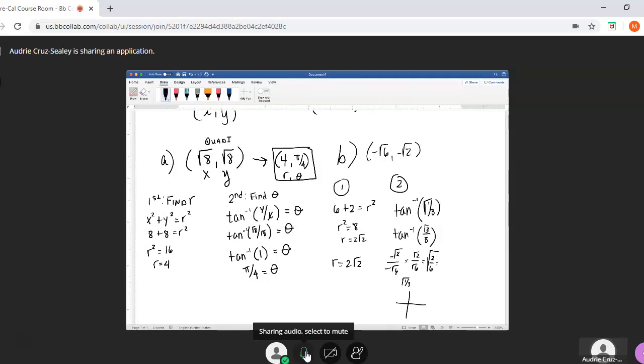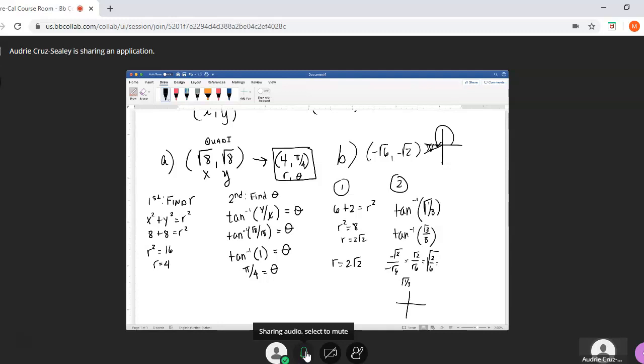We're in the third quadrant. So if you're in the third quadrant and this is pi over 6, then what is theta? No, that's not how far I traveled. I traveled way farther than 30 degrees. Look at my picture.